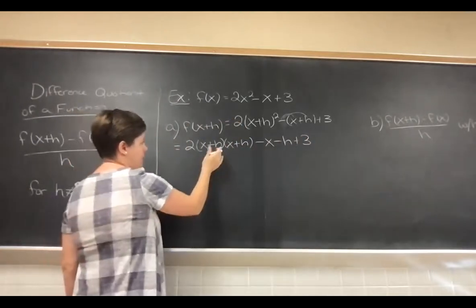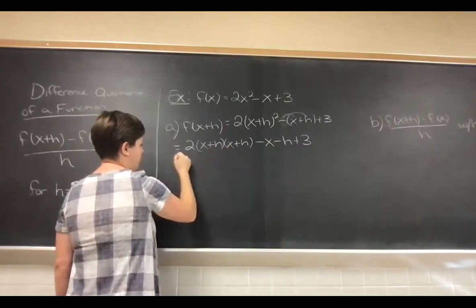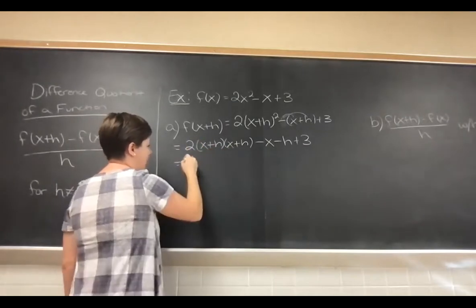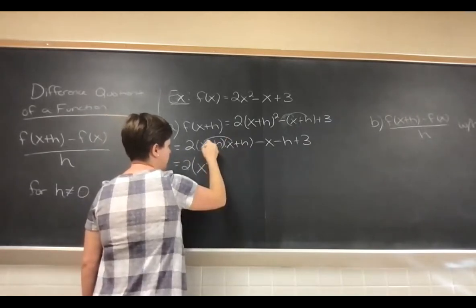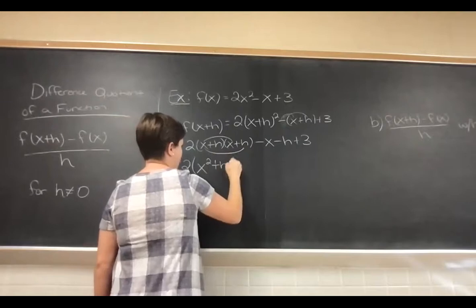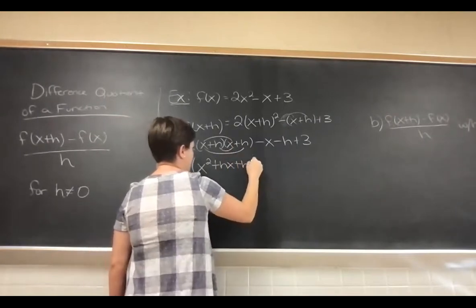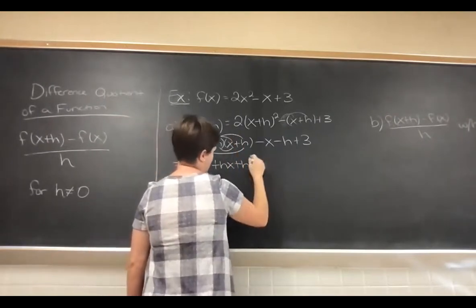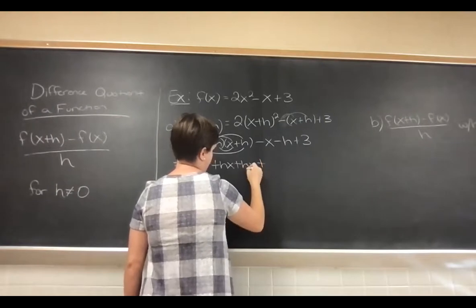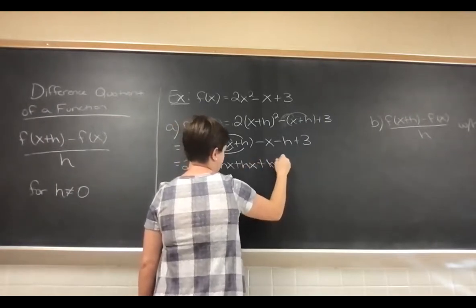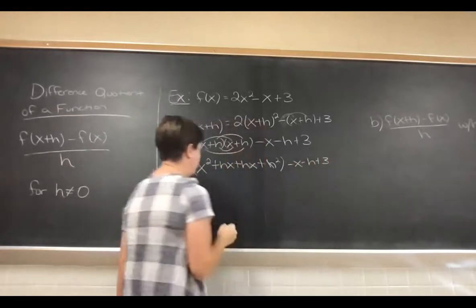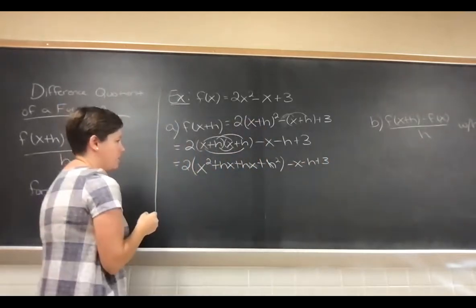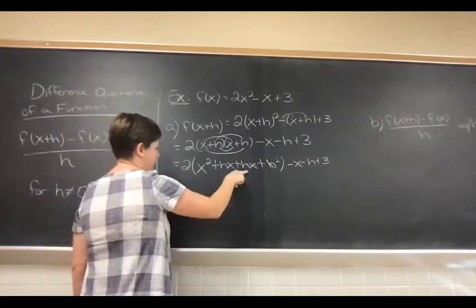And I split up my quantity squared into 2 binomials so that I can do my FOIL method, where I have x squared plus hx plus hx plus h squared, minus x minus h plus 3. Now I'm going to combine.